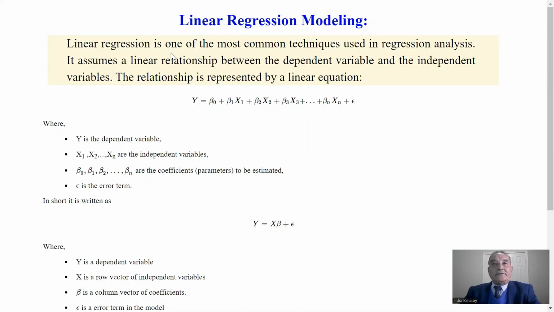Linear regression is one of the most common techniques used in regression analysis. It assumes a linear relationship between the dependent variable and the independent variables. The relationship is represented by the linear equation.